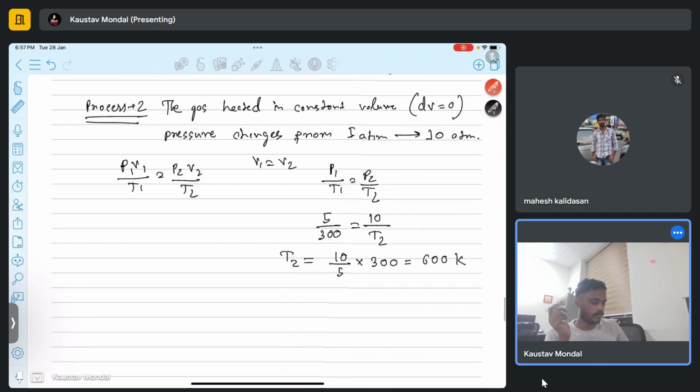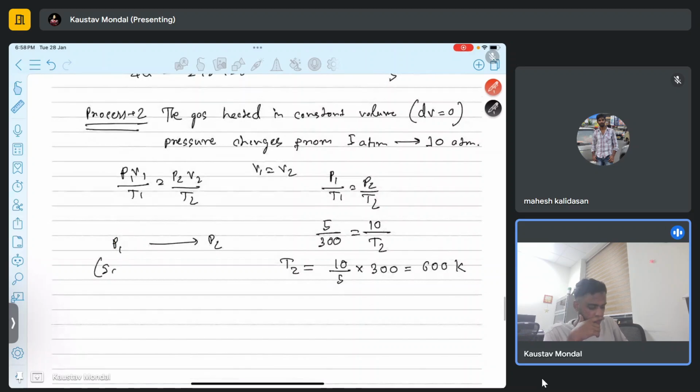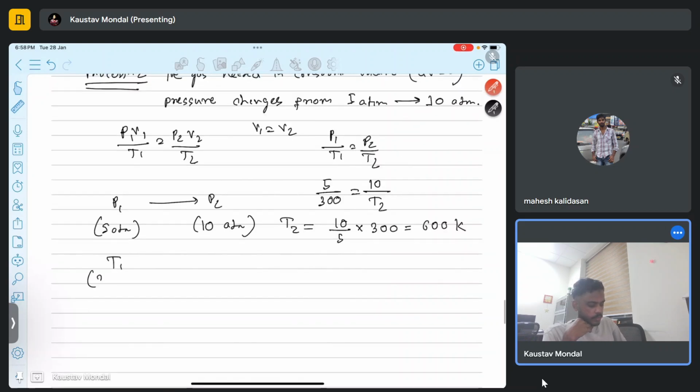So as you can see, pressure is changing from 5 atm P1 to 10 atm P2. T1 is also changing from 300 Kelvin to T2, that is 600 Kelvin.